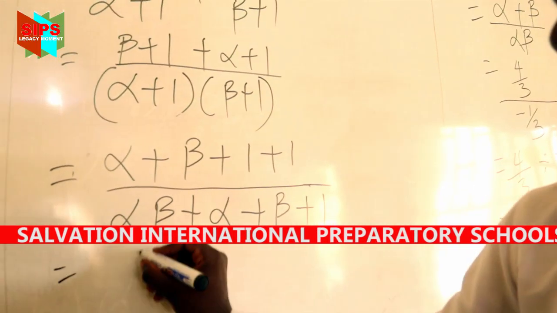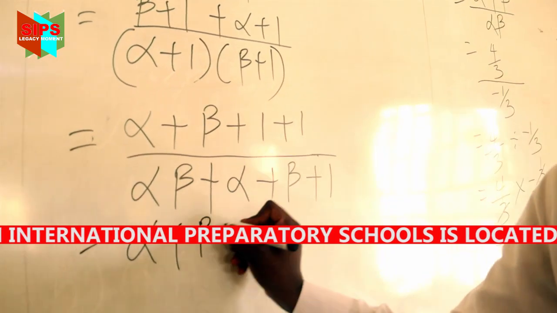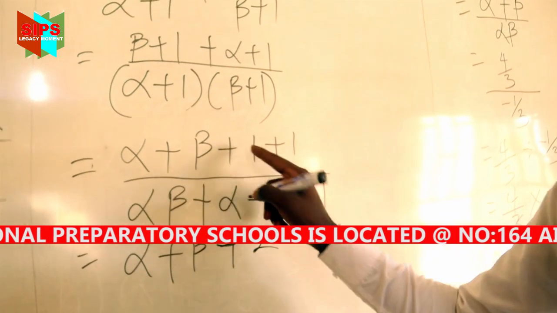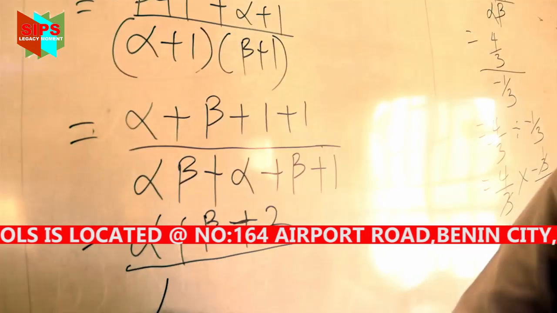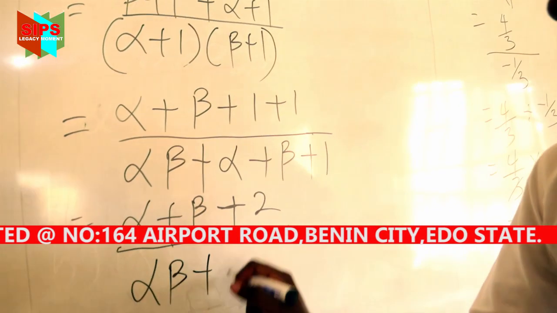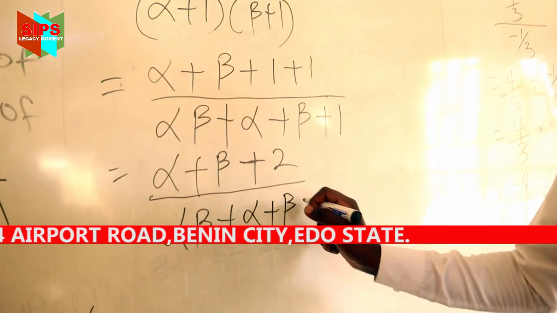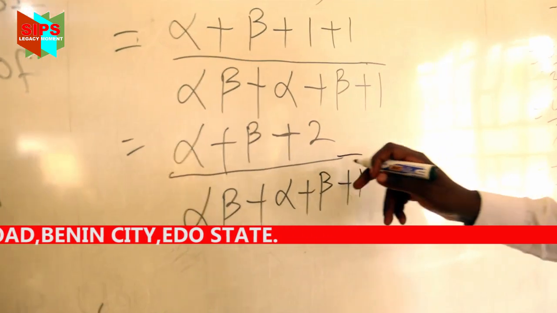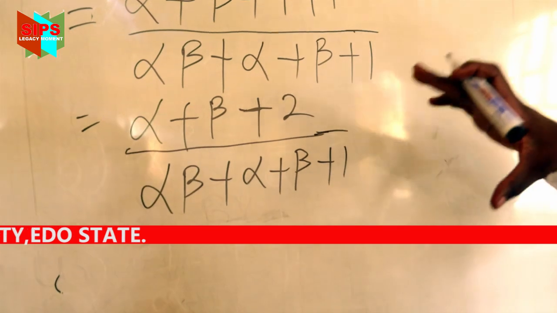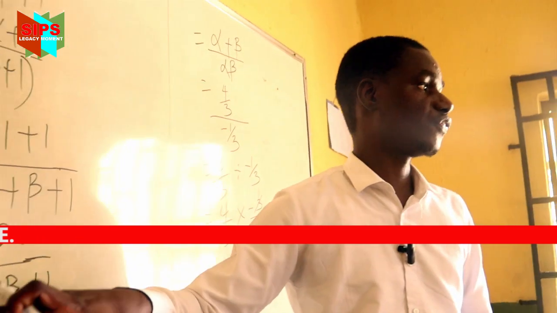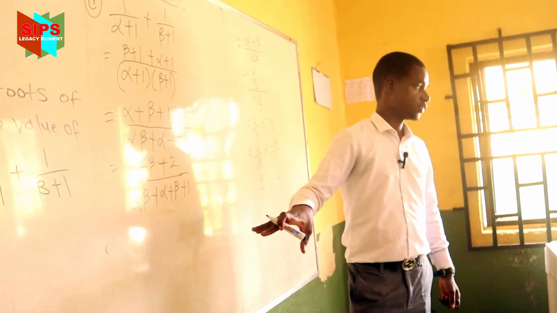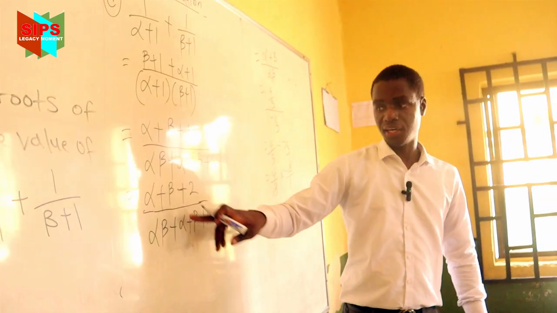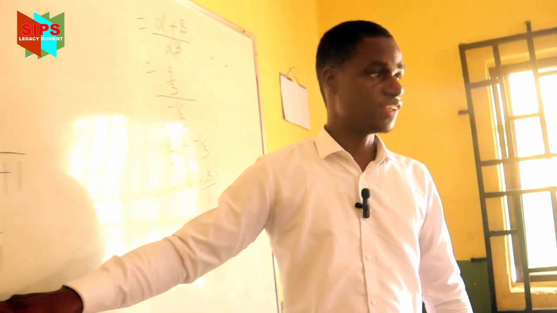So with this, we have alpha plus beta plus 2. 1 plus 1, 2. Then we have alpha beta plus alpha plus beta plus 1. So from this, we can insert the sum of the roots of the equation, and the product. So we have the sum here, we have the product, and we have the sum.